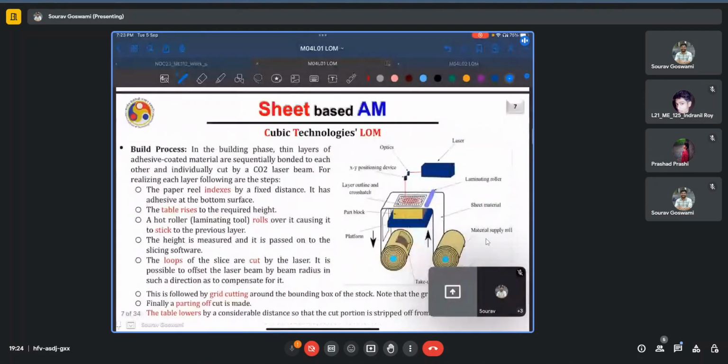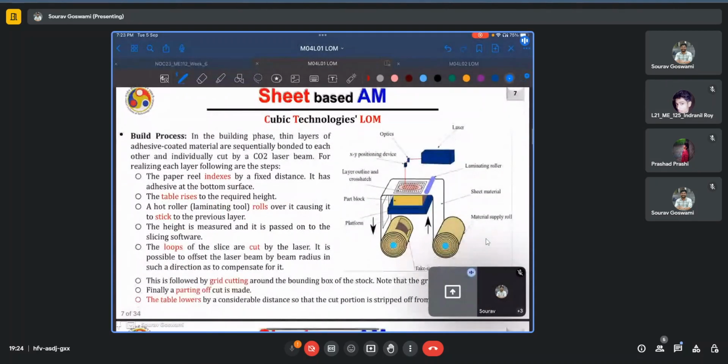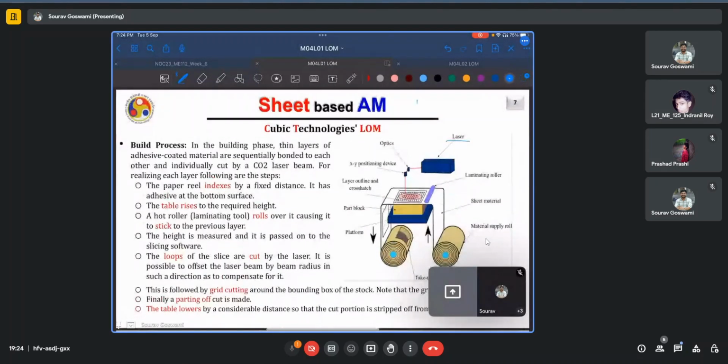Now, the build process is highlighted here. On the right, we have the schematic as well. As discussed, we have the laser as the cutting source. This will perform all three cuts. First is the parting cut for indexing.